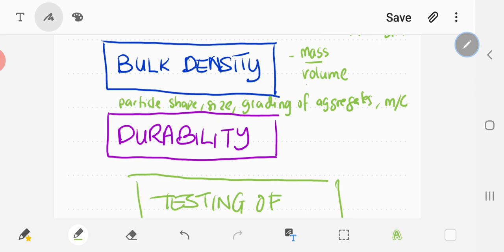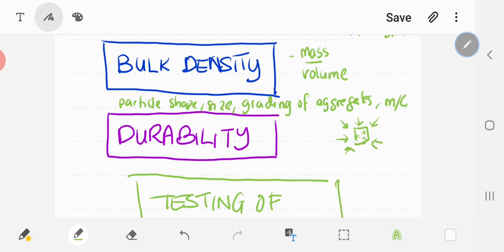For durability, the durability of aggregates or soundness of aggregates is the ability of aggregate to withstand external or internal attacks. So you have aggregates, we need to look at the external attack and also the internal attack.